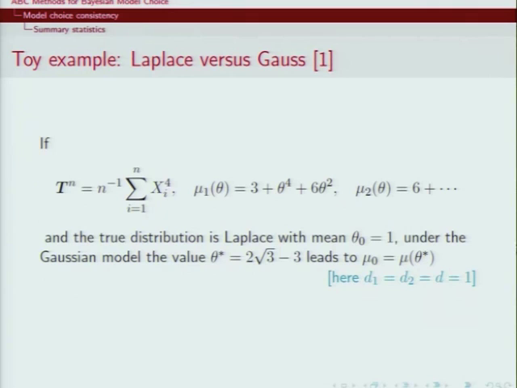So another example on Laplace versus Gauss, by using the fourth moment. So the fourth moment is not an ancillary statistic. Its expectation depends on theta under both models. And the means are different in the sense that mu1 of theta is not the same as mu2 of theta. But unfortunately, there exists theta and theta prime such that mu1 of theta is equal to mu2 of theta prime.